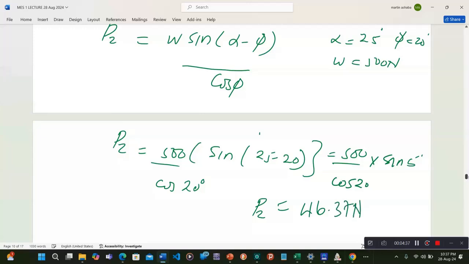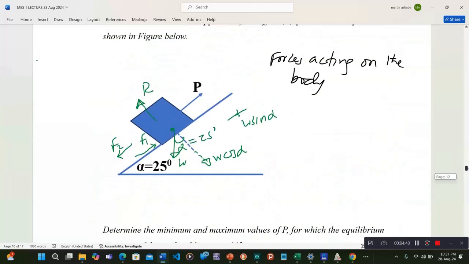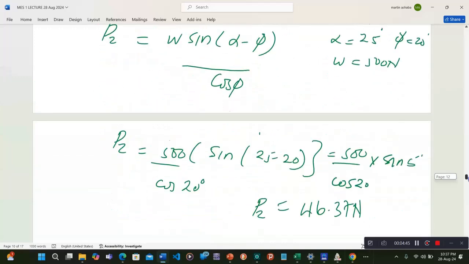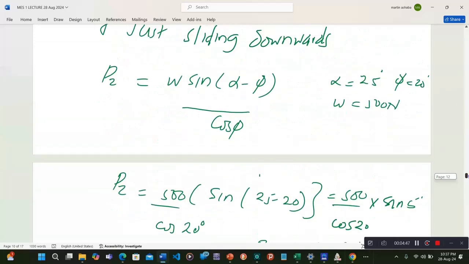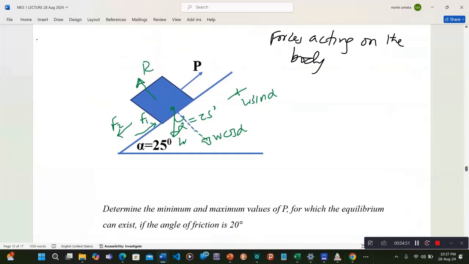So that is the minimum force required for equilibrium, okay, when the body is just about to slide downwards. So we have called it P2.